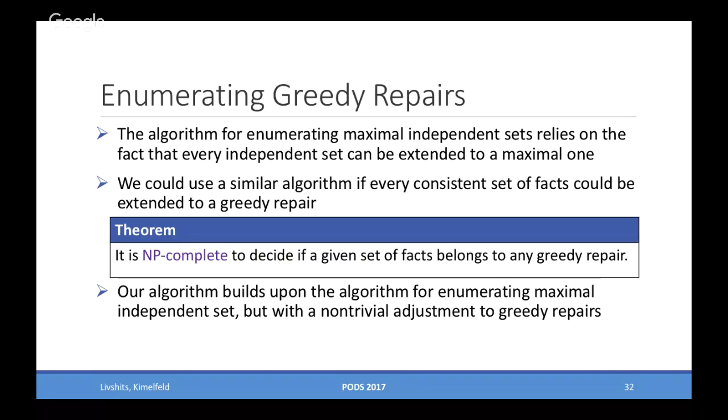So we could use a similar algorithm if any consistent set of facts could be extended to a greedy repair. But this is not the case. Again, we actually showed that it is a hard problem to even decide if a given set of facts belongs to any greedy repair. So our algorithm still builds upon the algorithm for enumerating the maximal independent sets, but we have some non-trivial adjustment for greedy repairs.